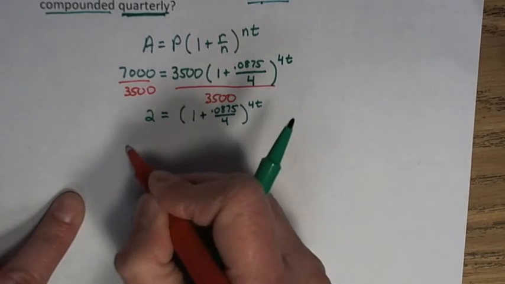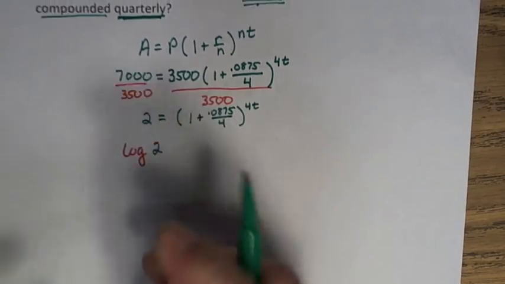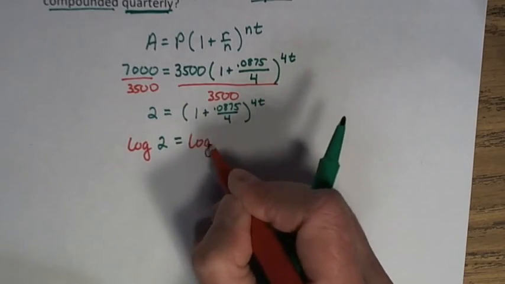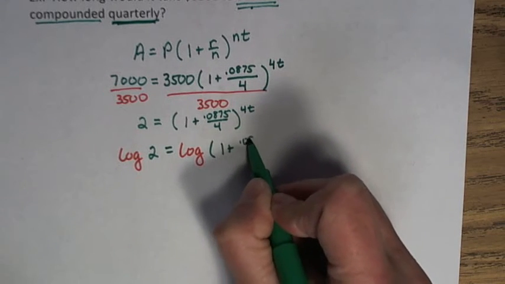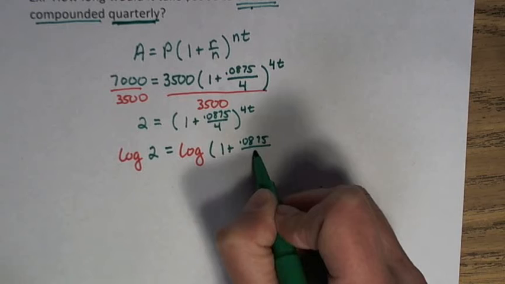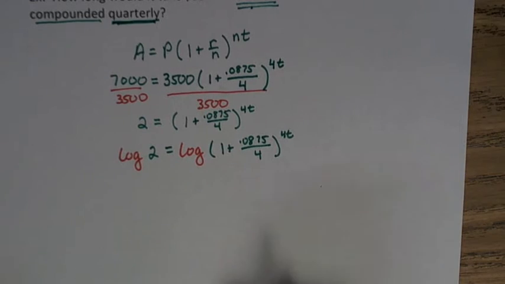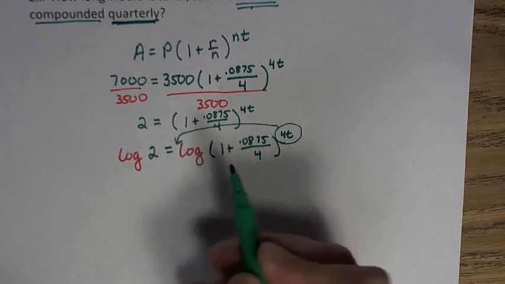Now on this one I'm going to use the common log. I could also use the natural log, but my choice here is to use the common log. And I'm going to take the log of both sides. And again, by doing that, I'm able to now bring that to the front.